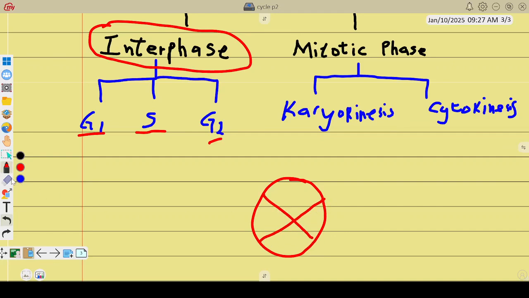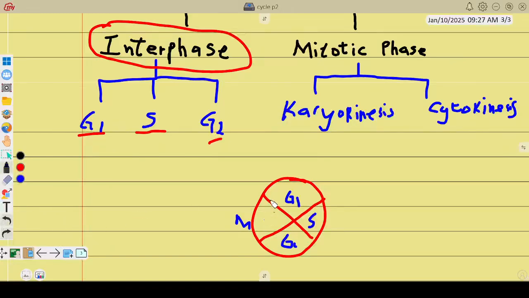So this is the cell cycle, and we have G1 phase, S phase, and the G2 phase. And then this is the mitotic phase, which will be the focus of this lesson.